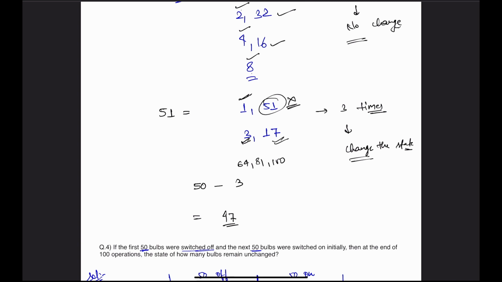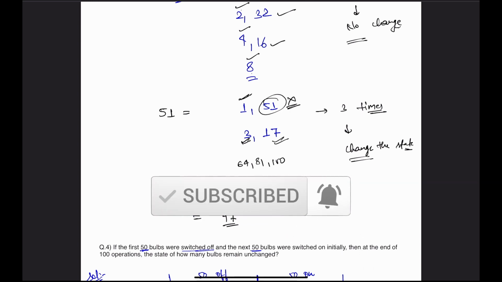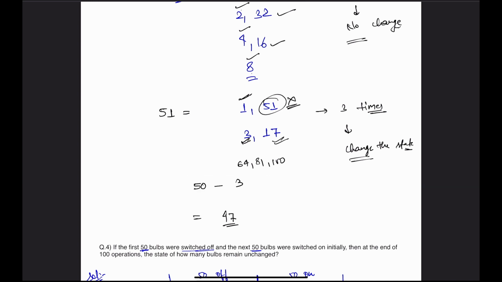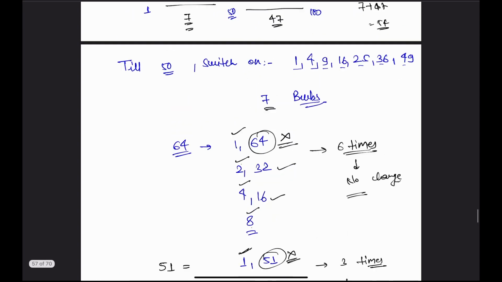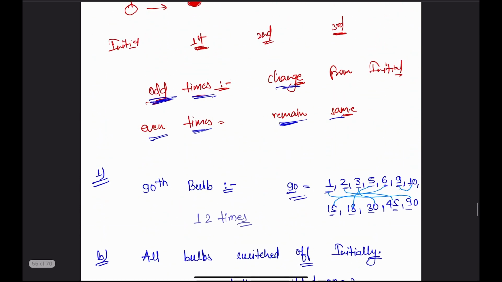This question is talking about unchanged. So how to approach this question? See, in the beginning we have done this: for change, odd times; for remaining the same, even times.